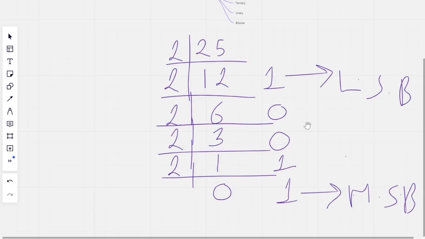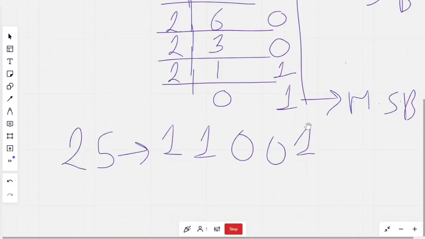So once we are finished dividing our decimal number by 2, we represent the result by going from down to top. So the binary representation of decimal number 25 is 1, 1, then two zeros and then a 1.